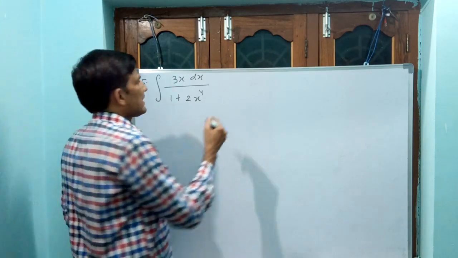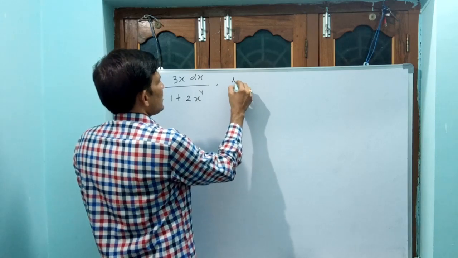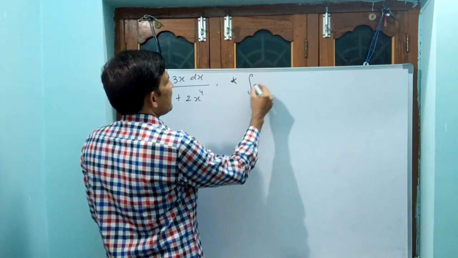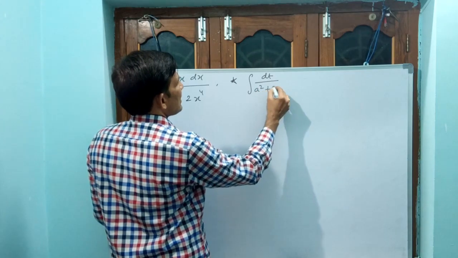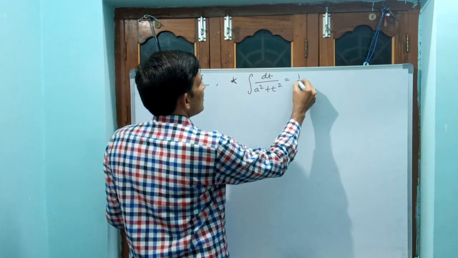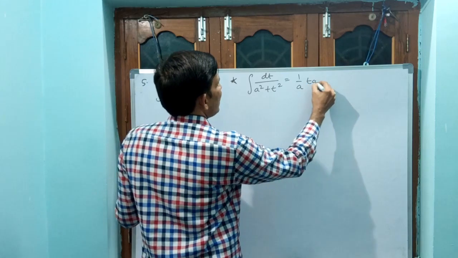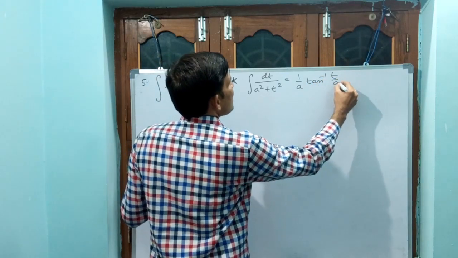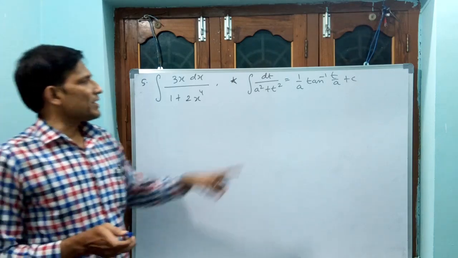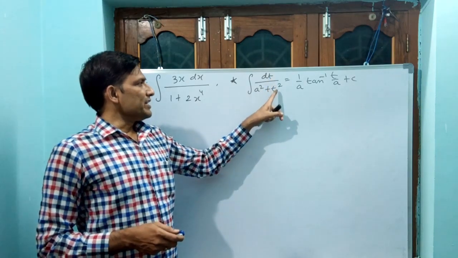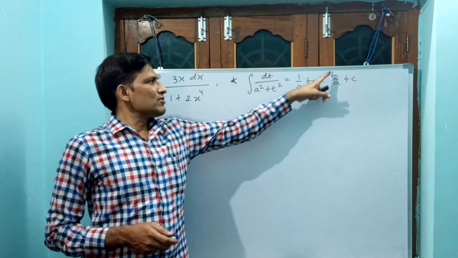Okay, I am writing once again, you see the formula here, star mark: integral dt by a square plus t square is equal to 1 by a tan inverse t by a plus c. This is the formula. Okay, you see all in terms of t it is there, dt, t square, 1 by a tan inverse t by a.